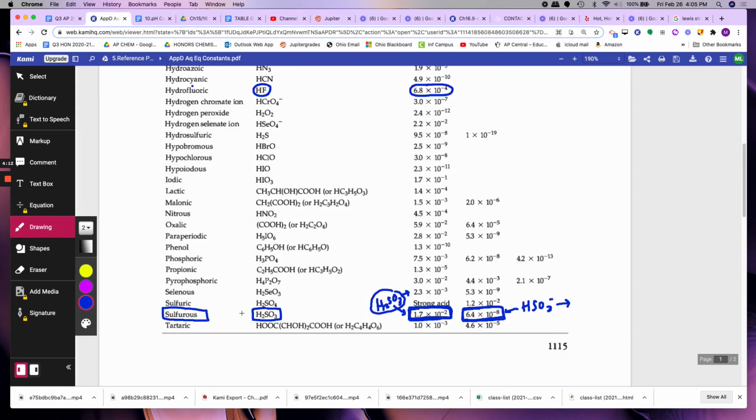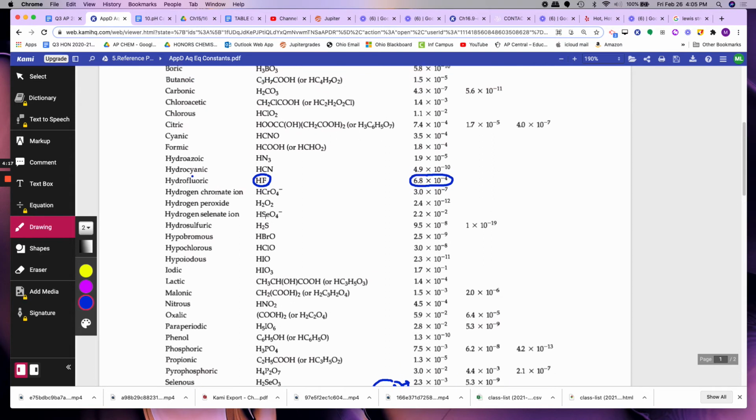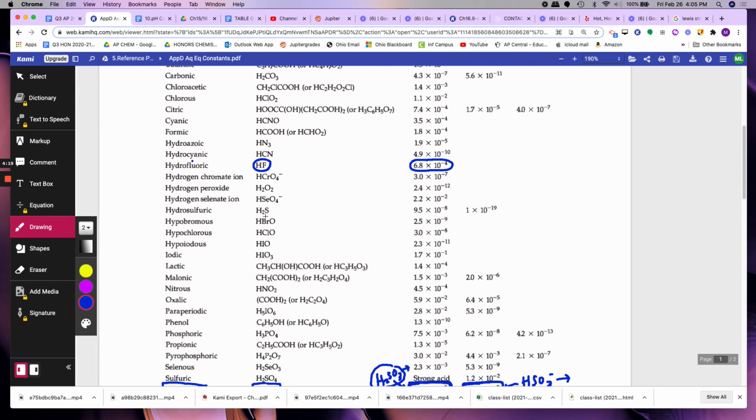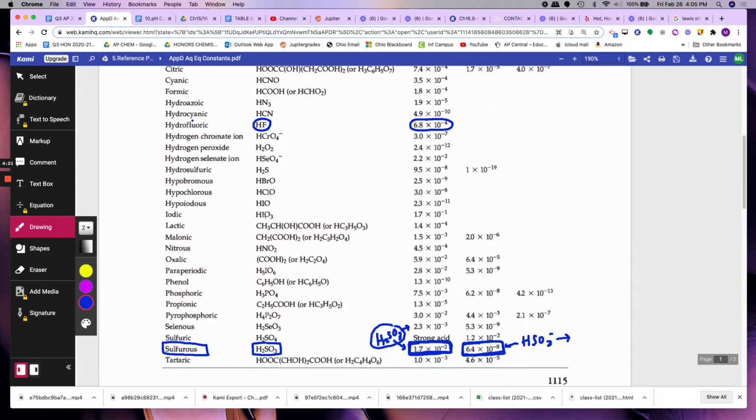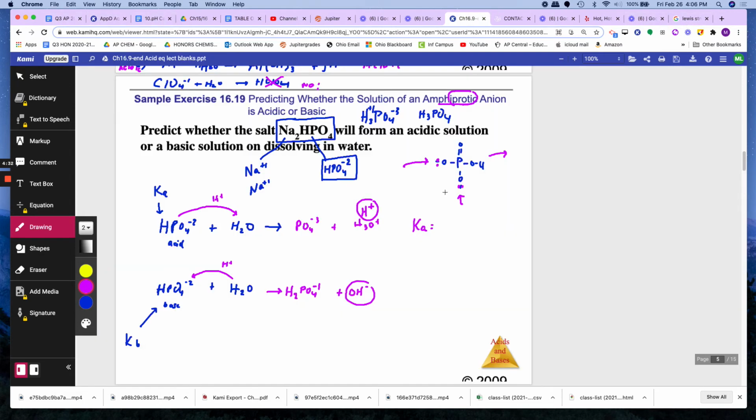And that is not going to be likely. Remember, it's harder and harder to remove the H's. So where is it? H3PO4 right here. There's Ka1, Ka2, Ka3. 4.2 e -13 to remove that H. What that tells me is that this H+ does not want to come off. It's too low. Now let's do the Kb.